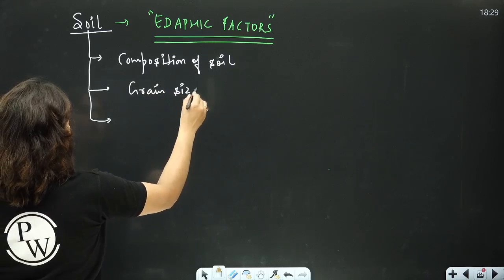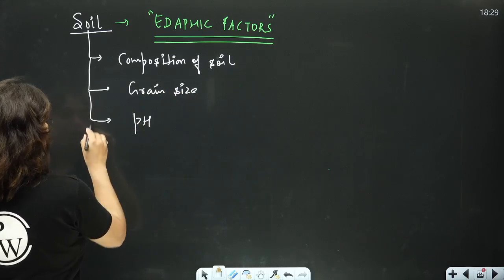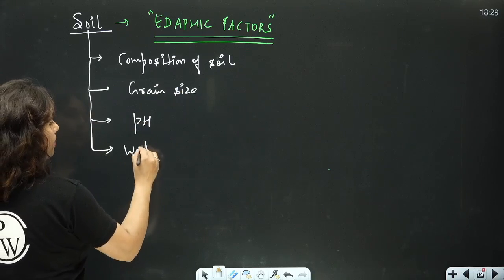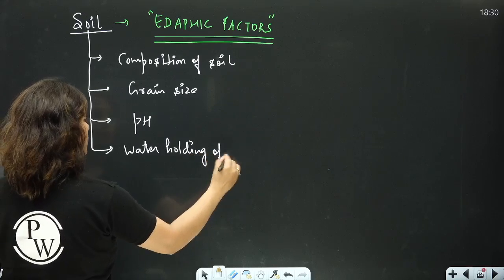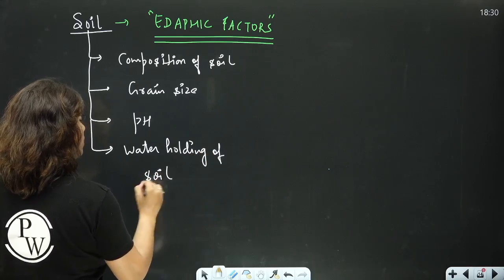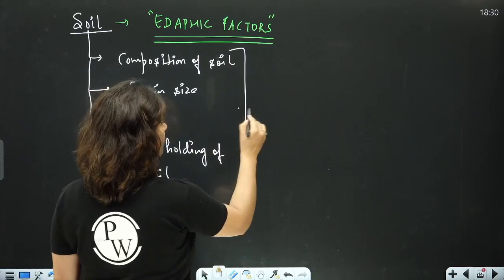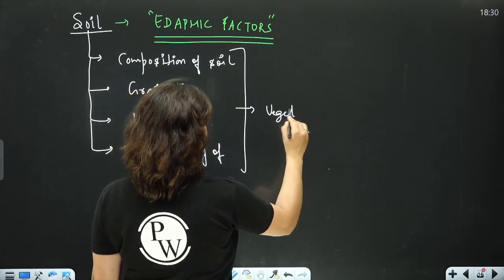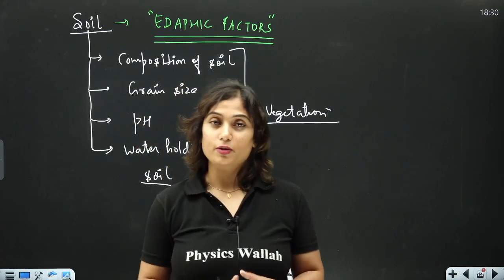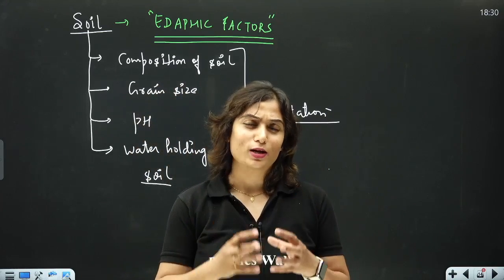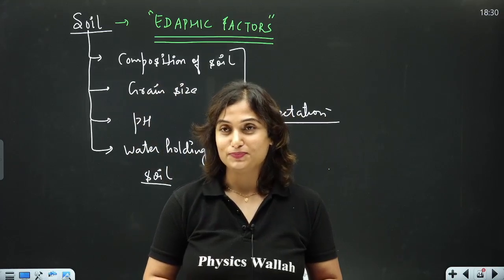The pH of the soil, the water holding capacity of the soil, all these things decide what kind of vegetation will be there in the habitat, and the vegetation decides what kind of animal life will be there in the habitat. So this is how soil is also a very important factor.